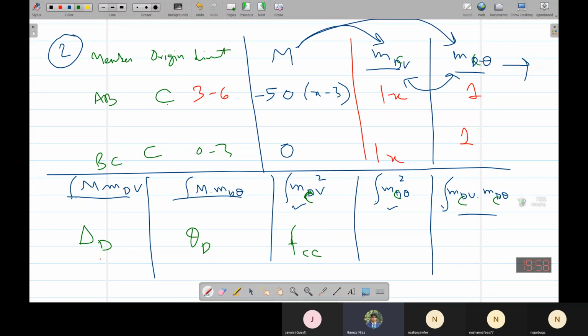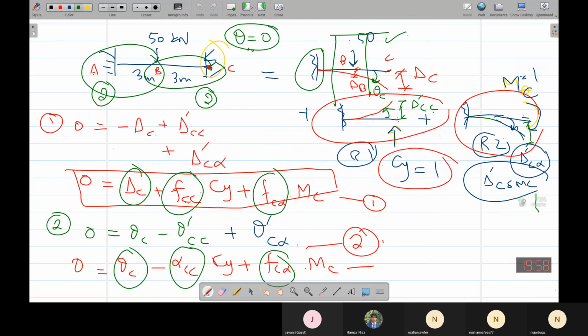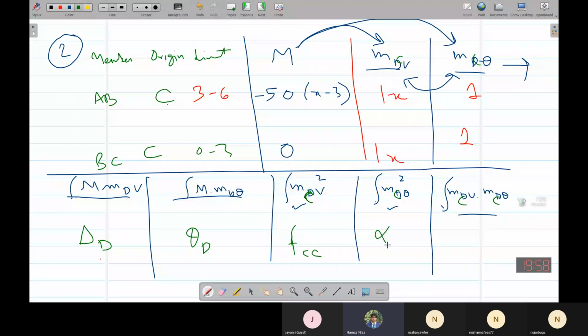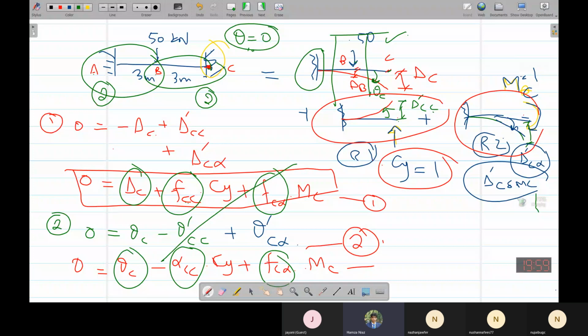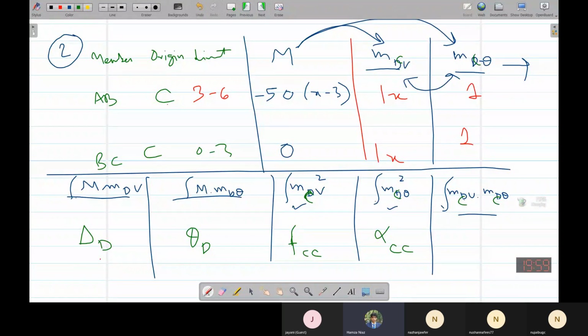So this one will give us F CC, flexibility at CC, and this one will give us alpha CC. Finally, this one will give us both of these. So CV, you can write it as F CV, C theta or alpha.